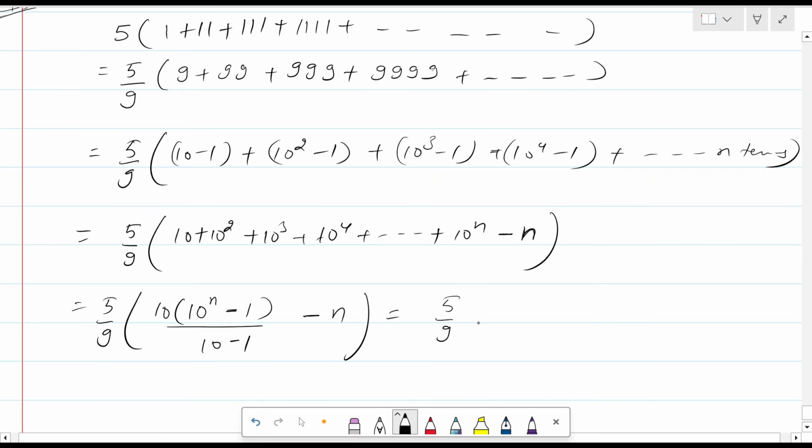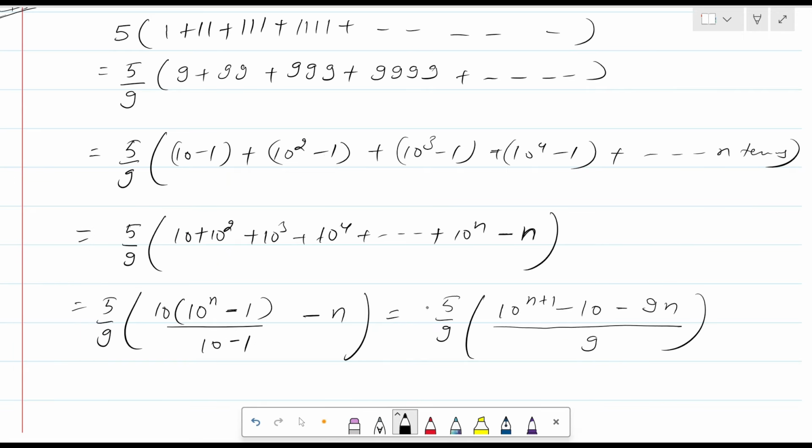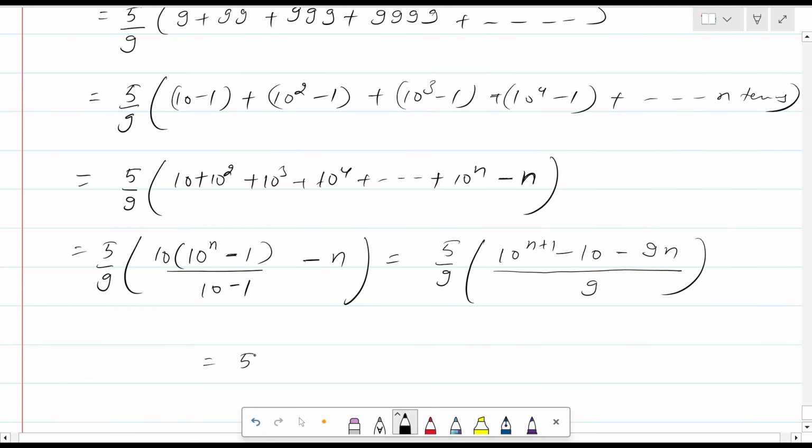It will be 5 by 9, 10 raised to the power n plus 1 minus 10 minus 9n upon 9. So it will be 5 by 81, 10 raised to the power n plus 1 minus 9n minus 10.